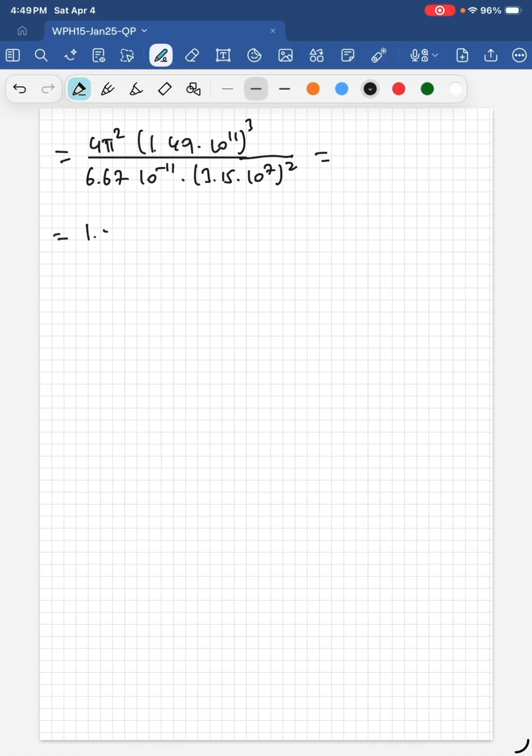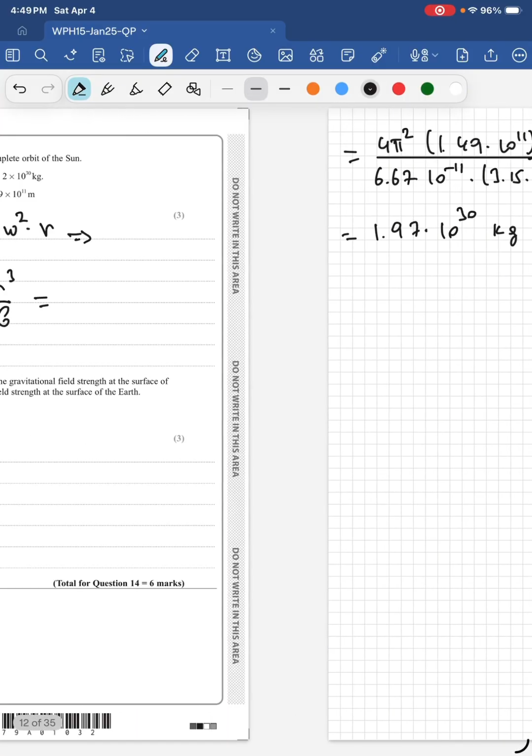And we find 1.97 times 10 to the 30 kilograms, or 2 times 10 to the 30 kilograms. So we see that it's about 1 million times heavier than the Earth.